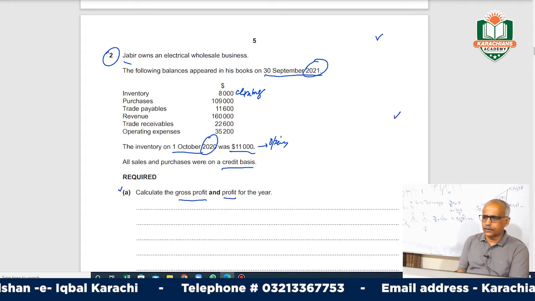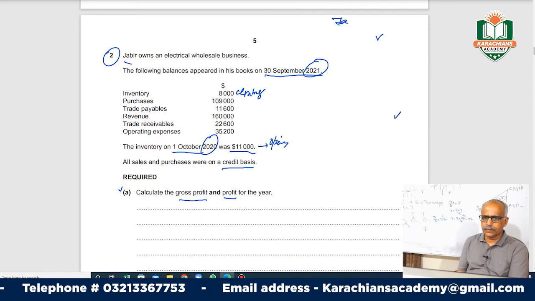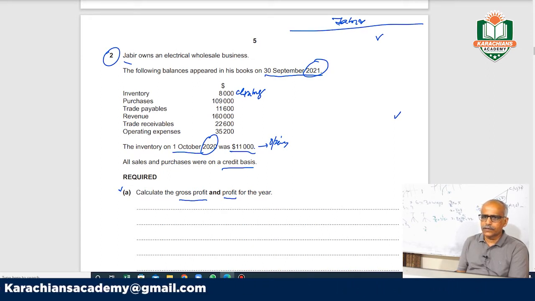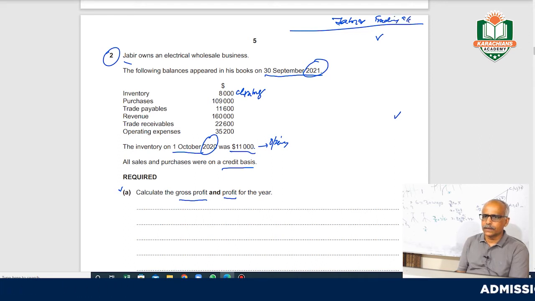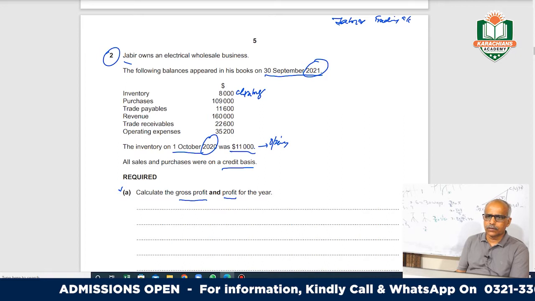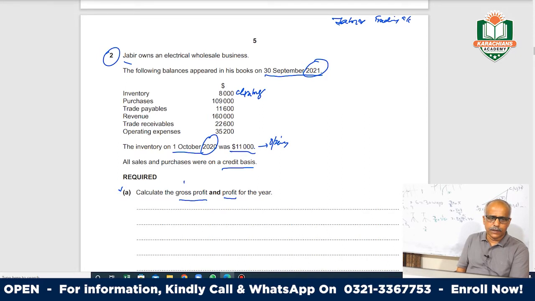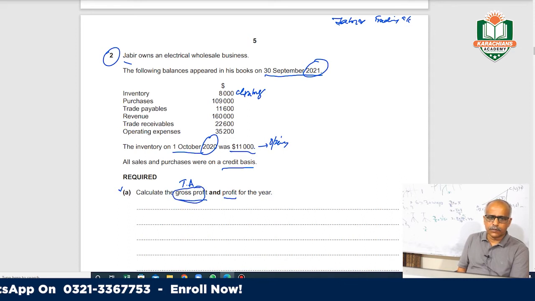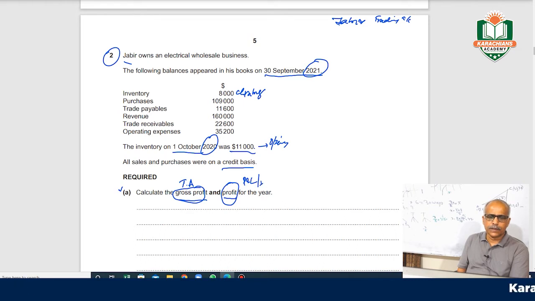This is Jabir, and this is the trading account. Basically, gross profit you calculate in the trading account, and profit you calculate in the income statement, the P&L.